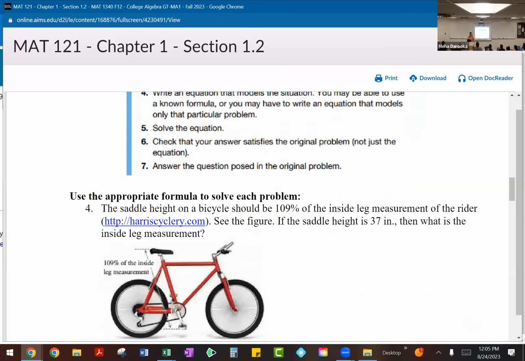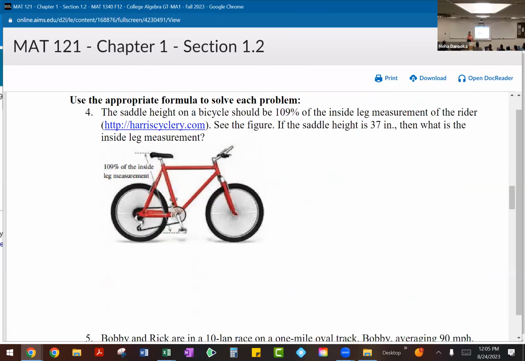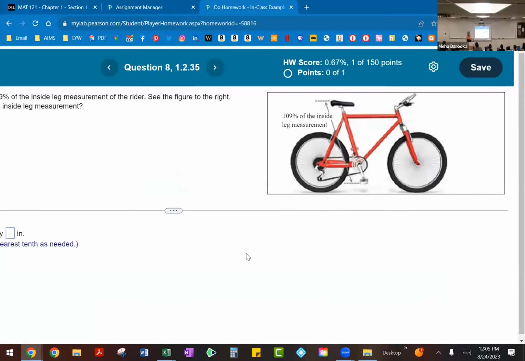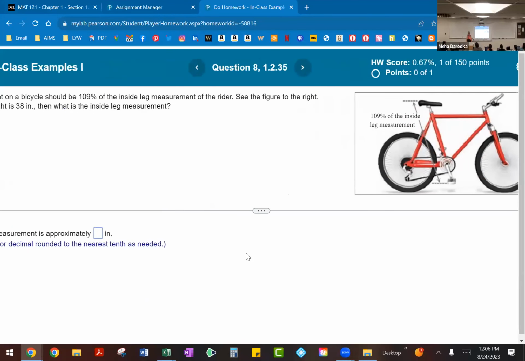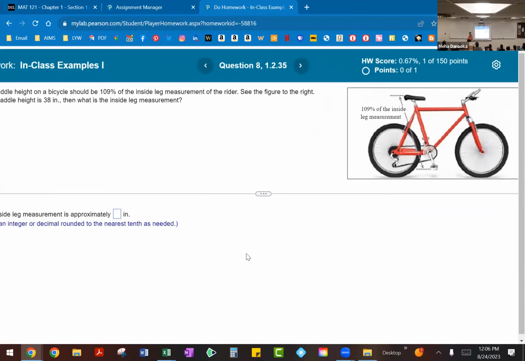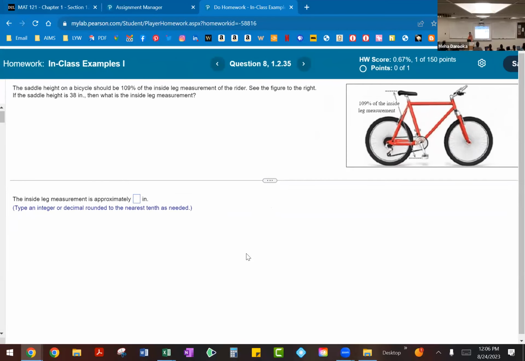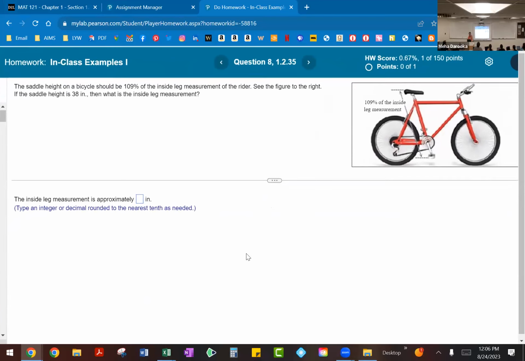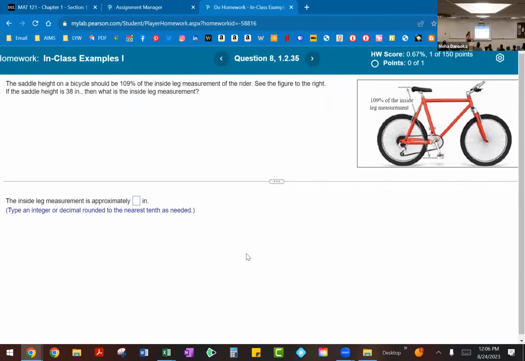So let's start out with this example here. You can see they're giving you an image to go with that, and I do have this problem pulled up in our system.